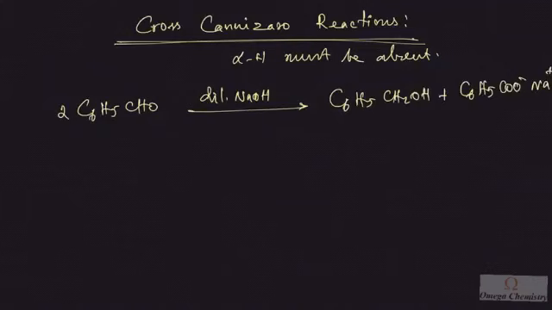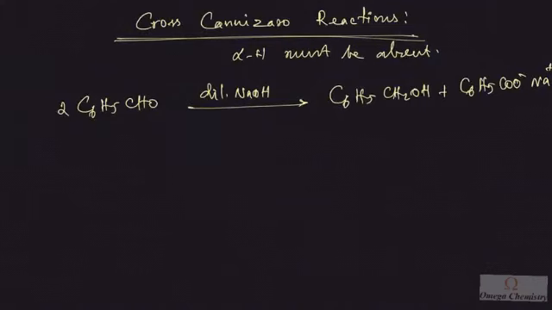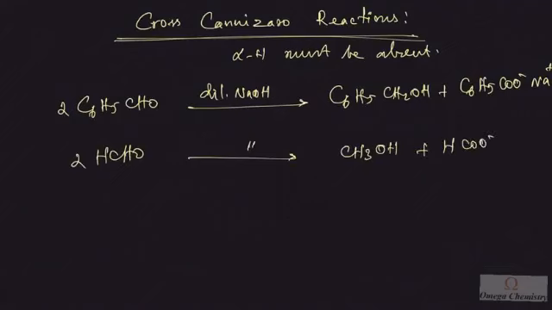So both products will be obtained. When formaldehyde is taken, we will get methanol and sodium formate, no doubt about it. But these reactions are straight Cannizzaro reactions.